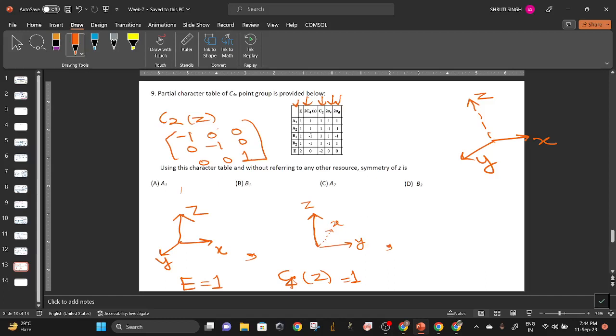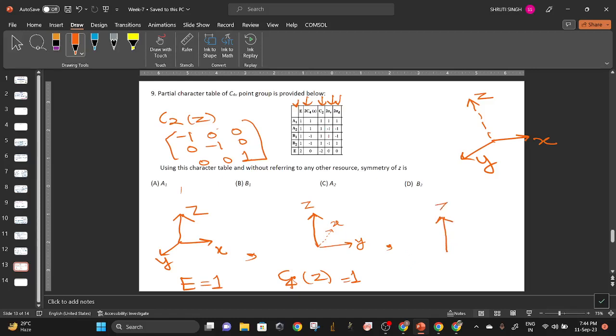Okay, next is C2. Again, when it is C2, what will happen? For a C4 molecule, C2 will also be along the C4 axis. So C2 means rotation by 180 degrees.